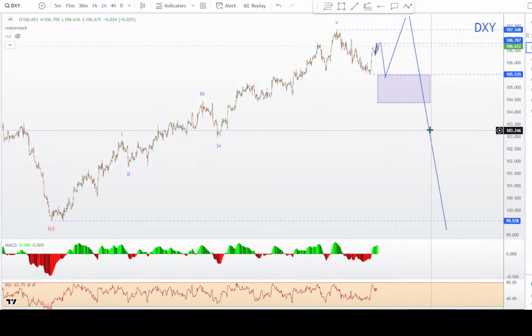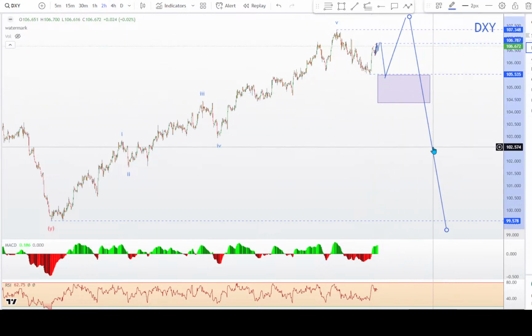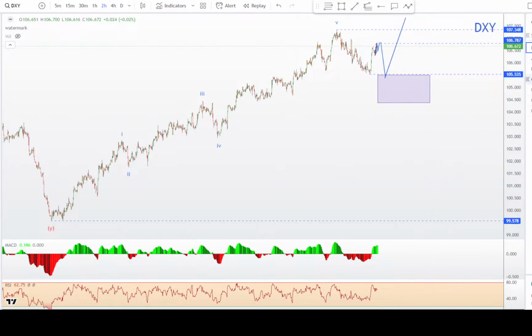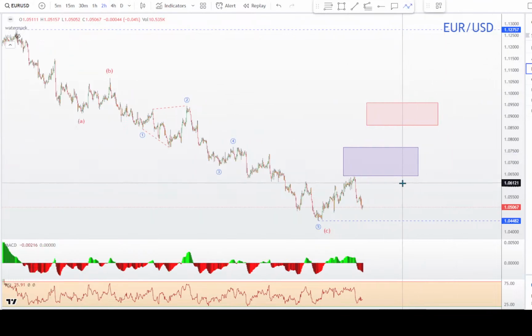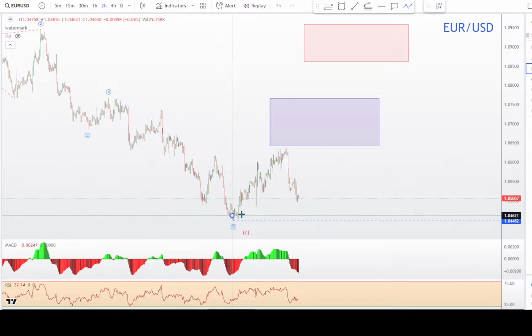Okay, so that's the overall theme that I see for the dollar index. And when we look at the other pairs, you're going to see a very similar pattern, but just in the opposite direction. So for the euro, just like the dollar, I really only see a 3-wave move up to here, and they came really close into that zone.